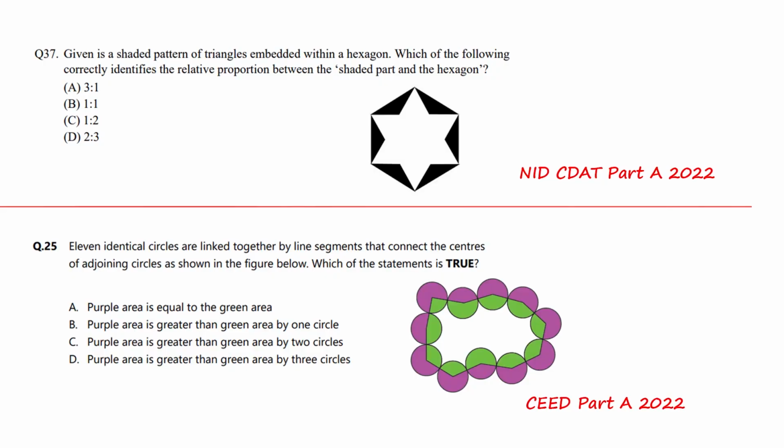NID takes a lot of care about general aptitude. The analytical and logical questions, mathematical questions, and numerical answer type questions are not that complicated compared to CEED. If you are preparing for CEED and you already have a grasp on NATs, numericals, and logical question patterns, then NID questions are very easy compared to CEED.